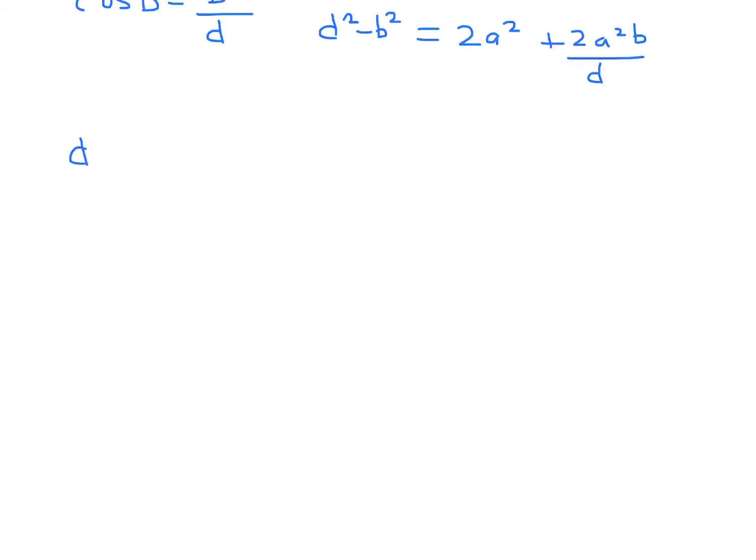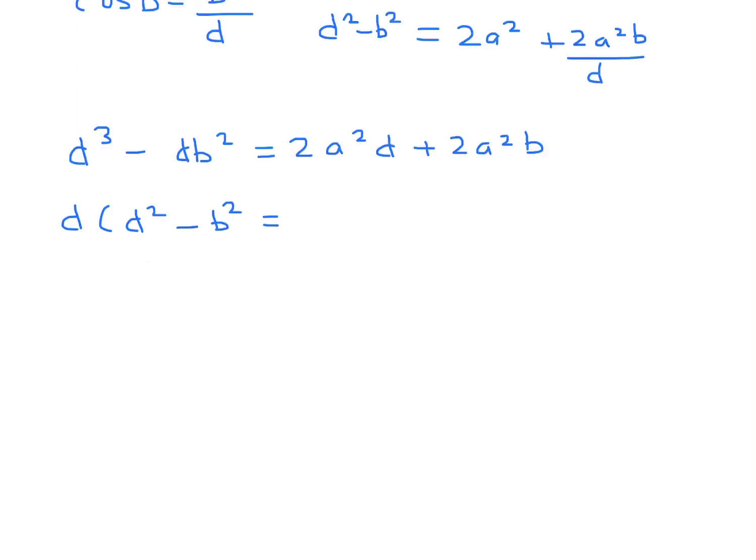Multiply through by D all the way through, and you get D cubed minus DB squared is equal to 2A squared D plus 2A squared B, like that. Factor out a D, and this will give you D squared minus B squared. Factor out a 2A squared, and you'll get D plus B, like that.